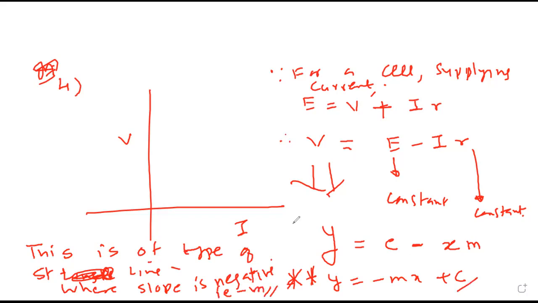C is called the y-intercept, which is positive. This also you know from maths. The x coefficient is the slope and the constant is called the y-intercept.